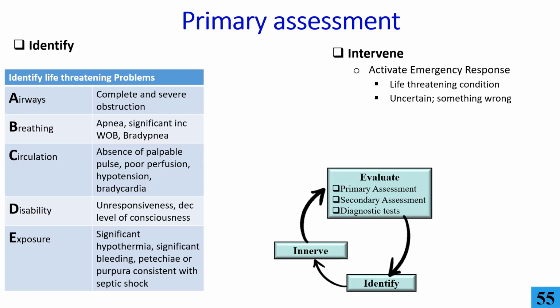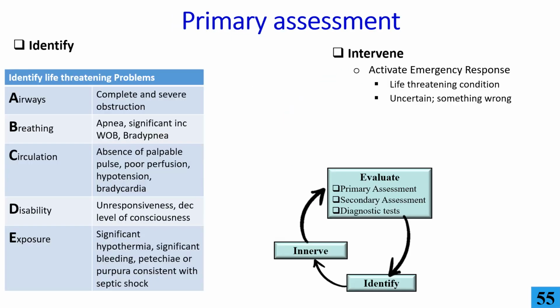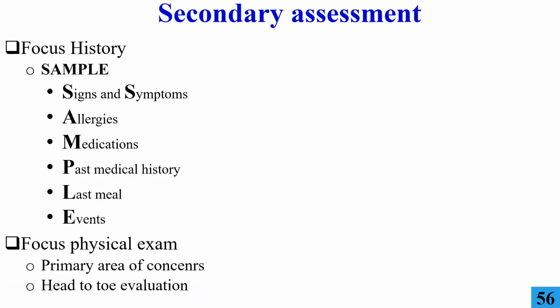After treatment, whether you do CPR and the baby regains consciousness or you give oxygen and ventilatory support, you do your primary assessment, which includes A, B, C, D, E: airway, breathing, circulation, disability, and exposure. We already talked last time about exposure, and it includes evaluation, identification, and intervention. After the primary assessment, we go to the secondary assessment.